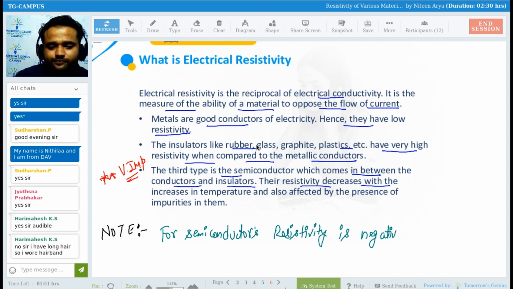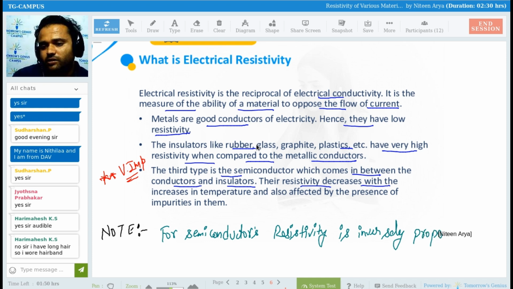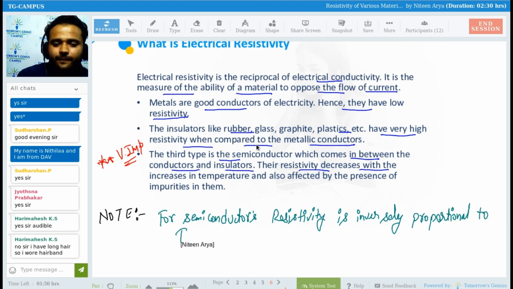For semiconductors, resistivity is not negative, it is inversely proportional to temperature.